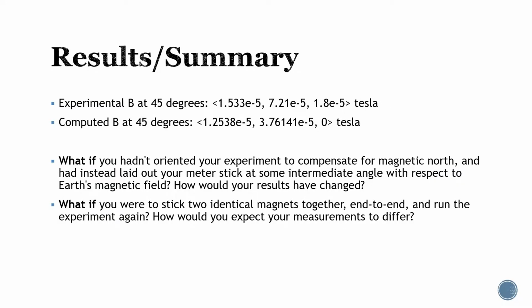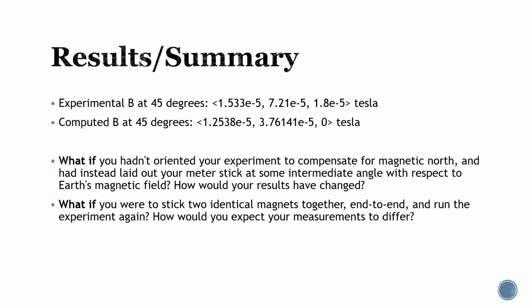The magnetic field at 45 degrees computed by my model is 1.2538 e to the negative 5, 3.76141 e to the negative 5, 0 Tesla, as compared to my experimental magnetic field at 45 degrees, which is 1.533 e to the negative 5, 7.21 e to the negative 5, 1.8 e to the negative 5 Tesla.